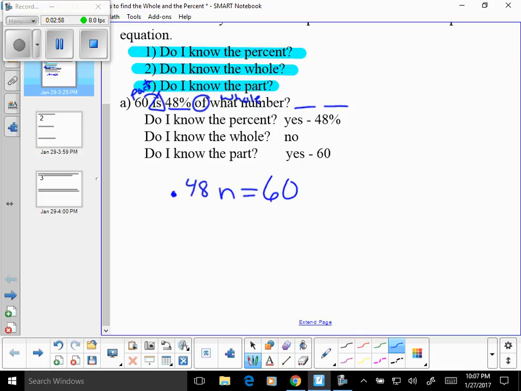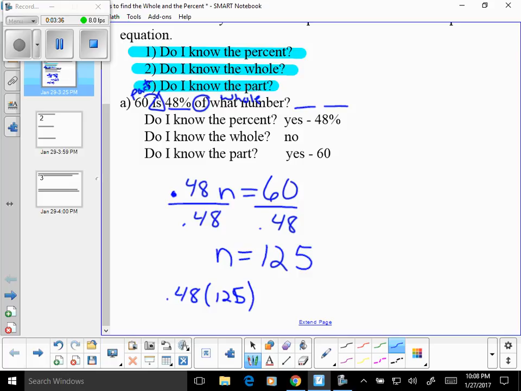Now 8th graders, if you see that, you should recognize immediately that you have a one-step equation and it's multiplication, so we need to divide both sides by 0.48. N is going to equal 125. Now if you want to check yourself, take your 0.48 times the 125. Do you get 60?